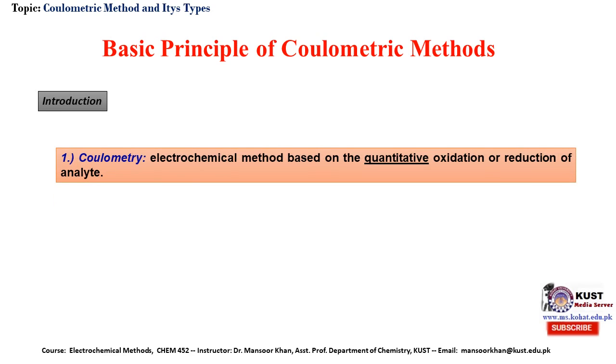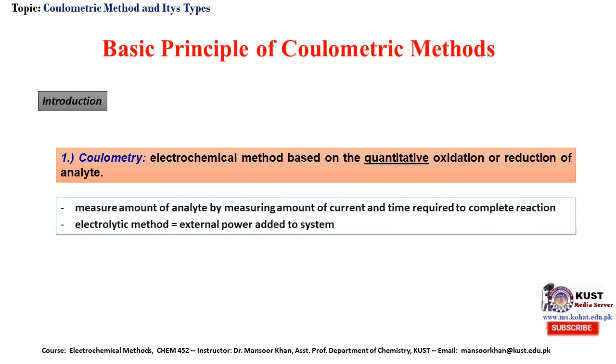So a question arises: what is coulometry? Coulometry is an electrochemical method based on quantitative oxidation or reduction of an analyte. In coulometry, we measure the amount of analyte by measuring the amount of current and time required to complete the reaction.